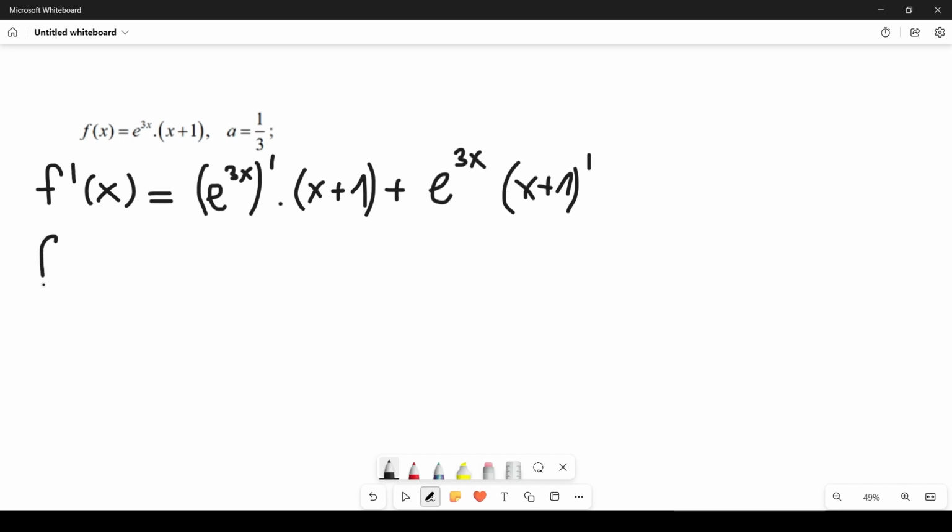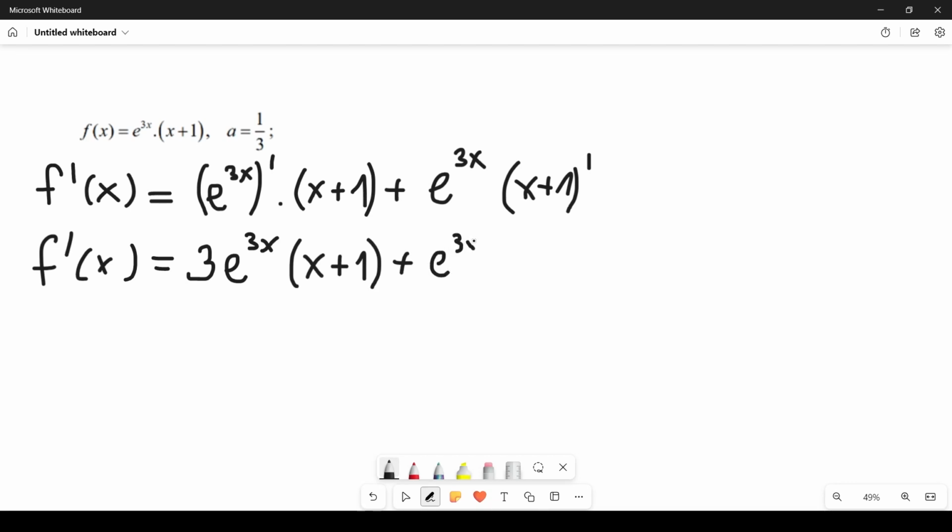And now we can say that the first derivative of e to the power of 3x is basically the derivative of 3x, which is 3, times the function itself, e to the power of 3x, times (x plus 1), plus e to the power of 3x times the derivative of x plus 1, which is just 1, because the derivative of 1 is 0, the derivative of x is 1, and so on.